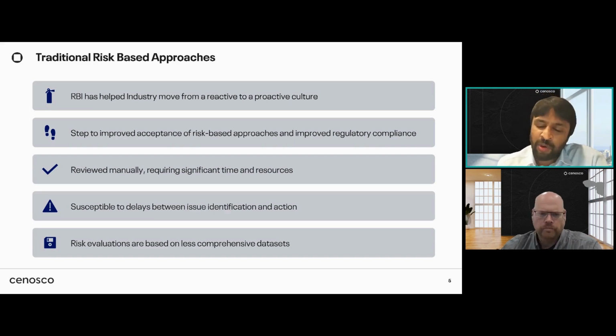In most cases, I would not say in all cases, this re-review of RBI happens manually. Usually, RBI teams group together, perform unit reviews, or on the back of inspections, they review inspection results and rerun the risk assessments proactively as well. So it needs a bit of continuous effort from organizations.